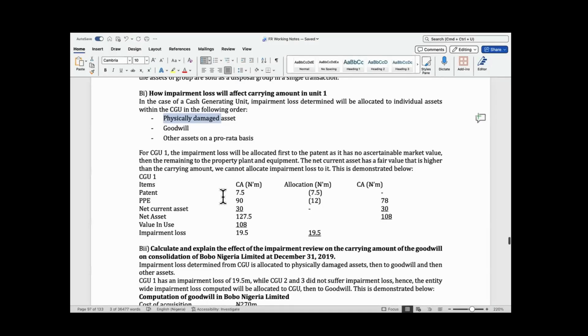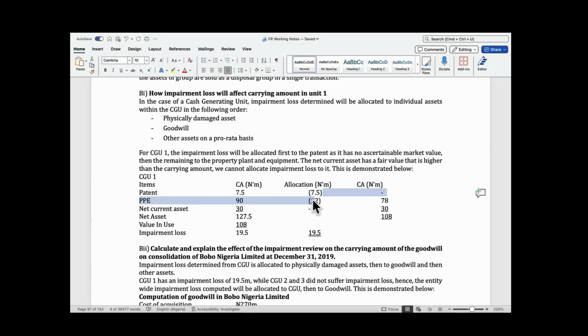Very straightforward. These are the carrying amounts as given in the question. I arrived at the impairment loss, which is the carrying value minus the value in use. Then I allocated it first to patents because it has no ascertainable market value. Whatever is remaining out of this 19.5, which is 12, I gave to PPE.